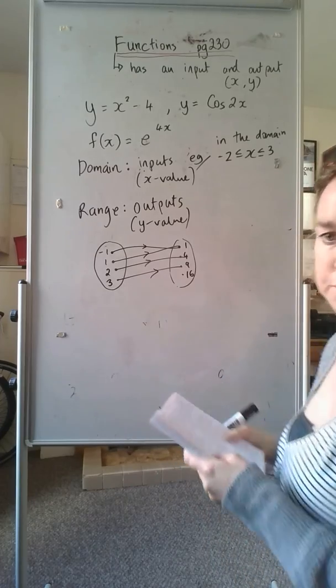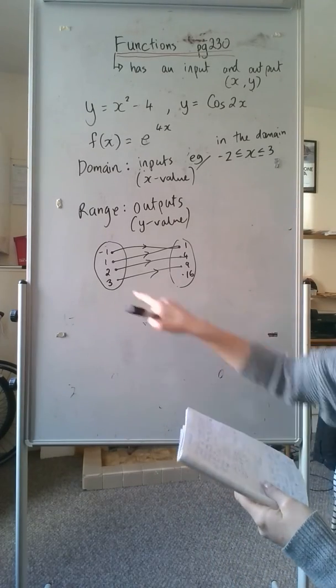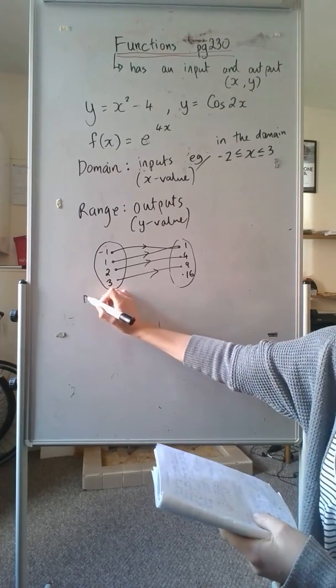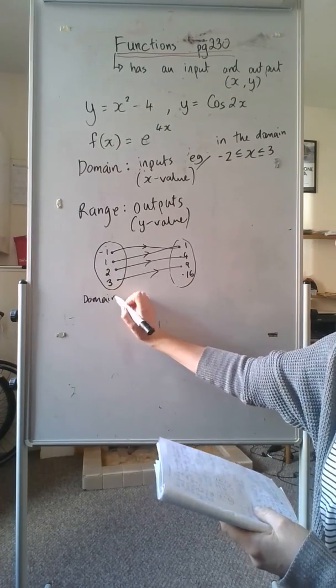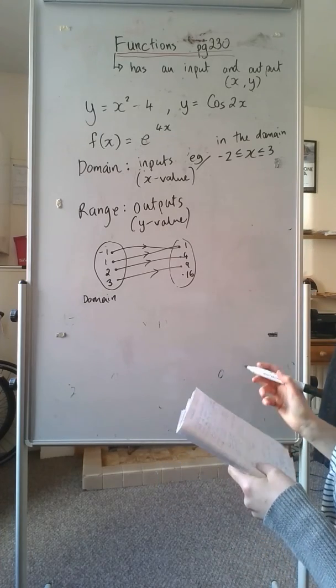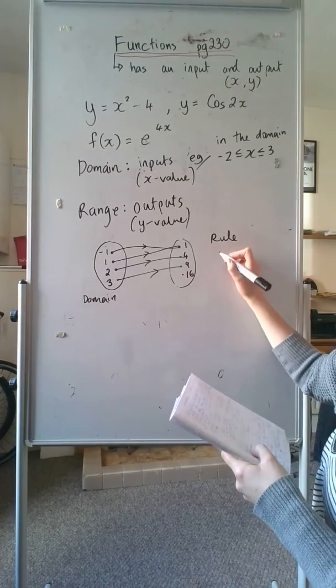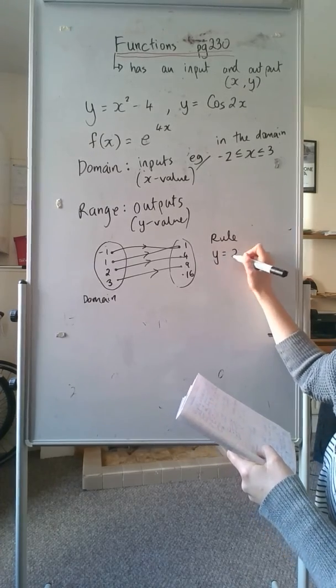Okay, so looking at them, is there a rule you can think of that's happening to get from here to here? And remember, this is your domain. And I hope you're thinking to yourself, look at those numbers, you're squaring each of them, okay? So the rule for this, we'd write it down as y equals x squared.